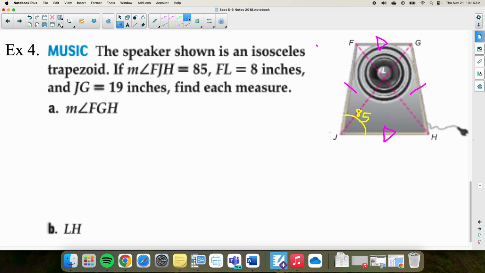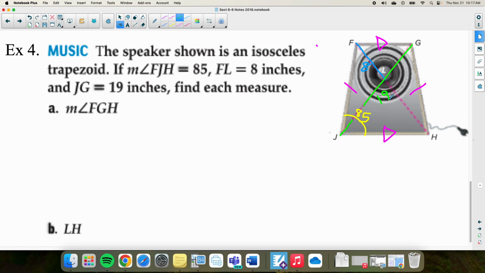Then from F to L, L is right here, F to L is right here, that is 8. And from J to G, J to G would be this whole thing, and that is 19. And we have to find each measure.